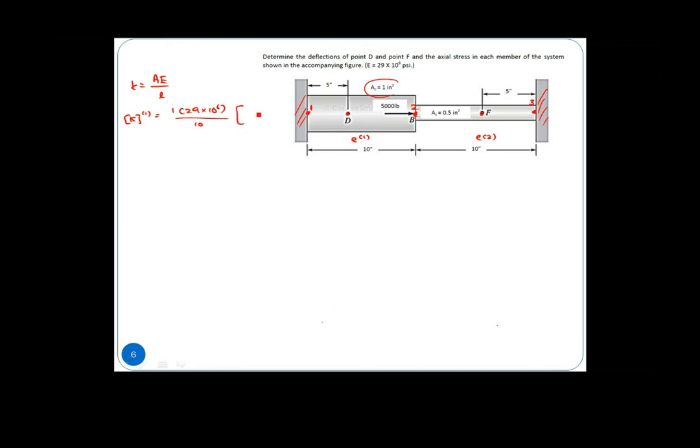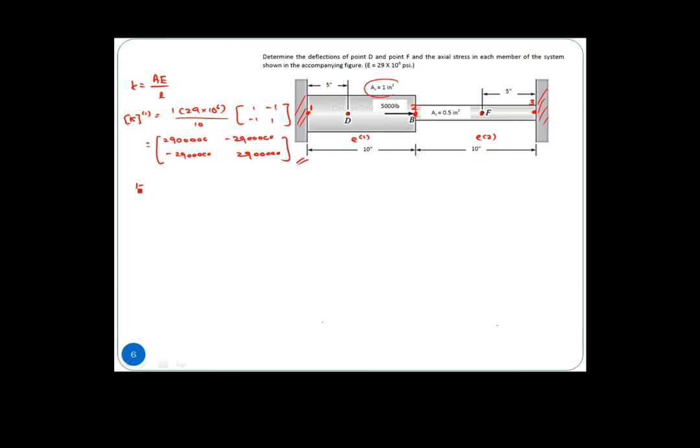Then we have the matrix 1, negative 1, negative 1, 1. So it equals 2.9 times 10 power 6 times that matrix. So that is our K1.